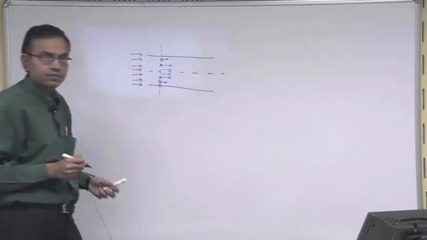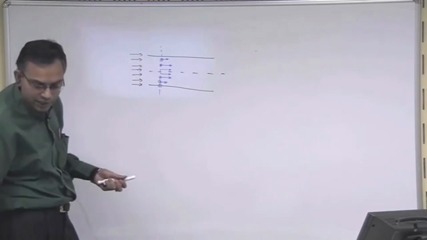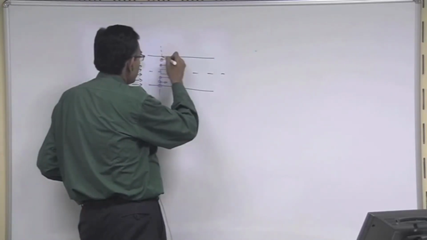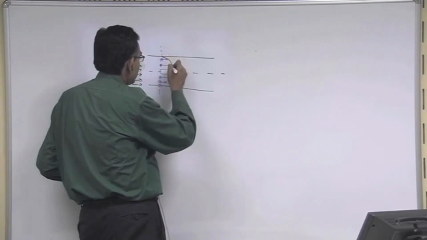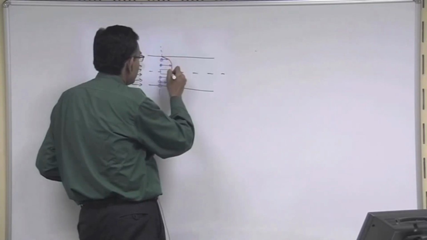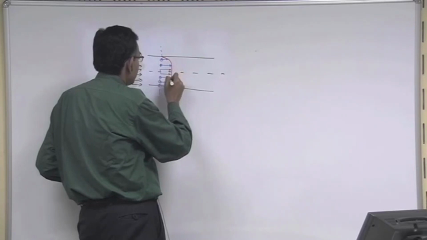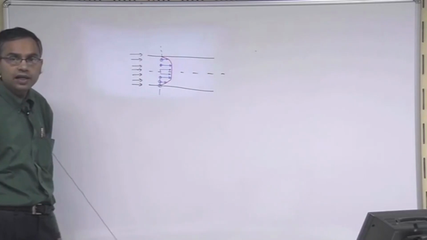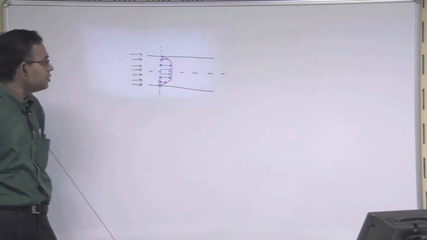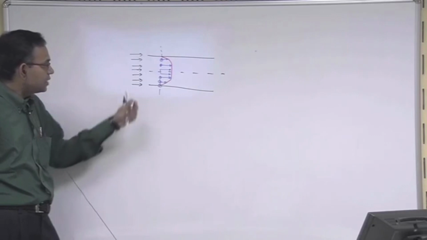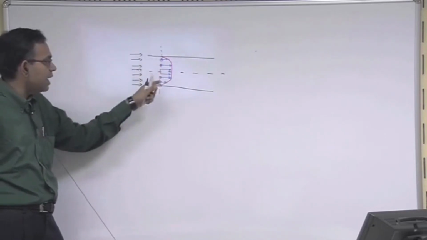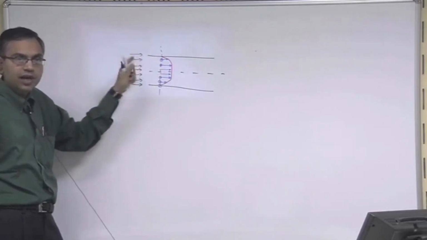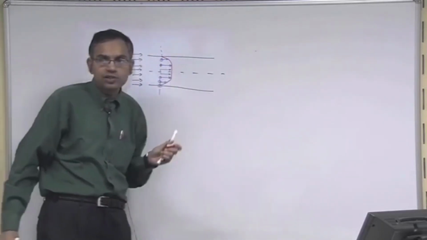So if we draw a velocity profile, it is something like this. Because of the limitations of sketching by hand, it may appear asymmetric, but assume that it is symmetric on both sides of the channel.